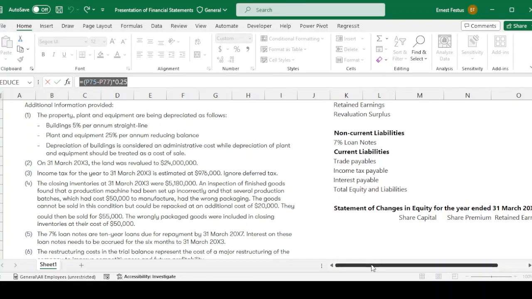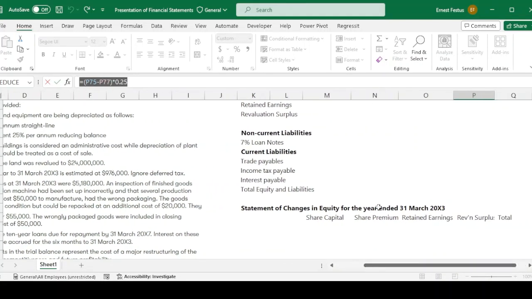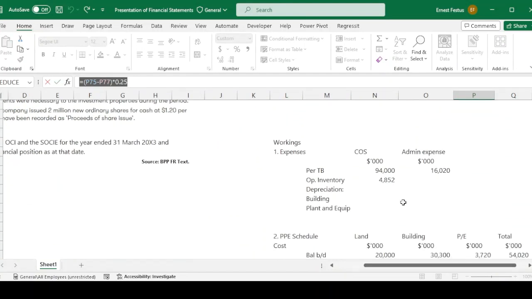So with the reducing balance, we calculate the depreciation on the cost of the assets less the accumulated depreciation. Okay. So that is the difference between the reducing balance method and the straight line method. With the straight line method, we apply the rate on the cost of the assets.